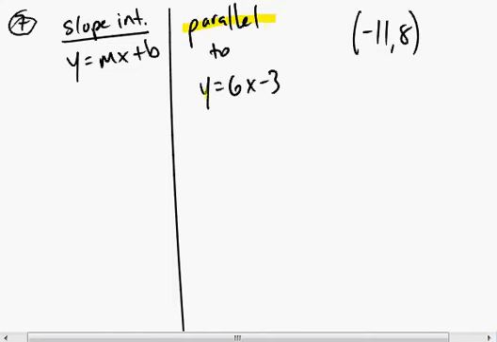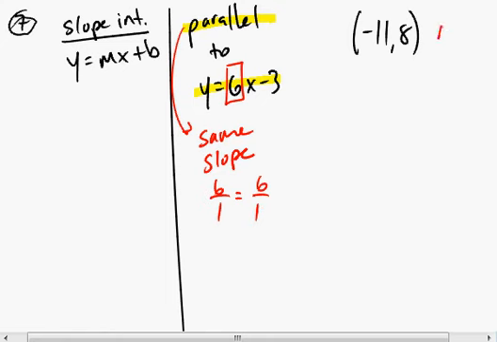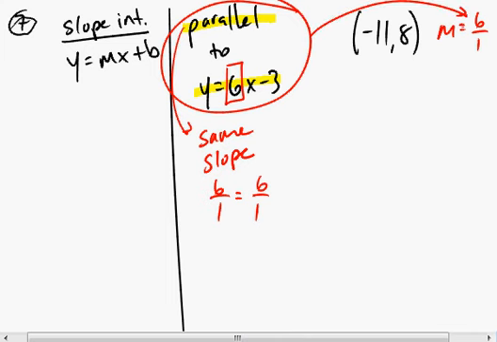Parallel means same exact slope, right? The slope of this other line is 6, so our slope is 6. So probably the best way to do this right now is to put it into point slope form.